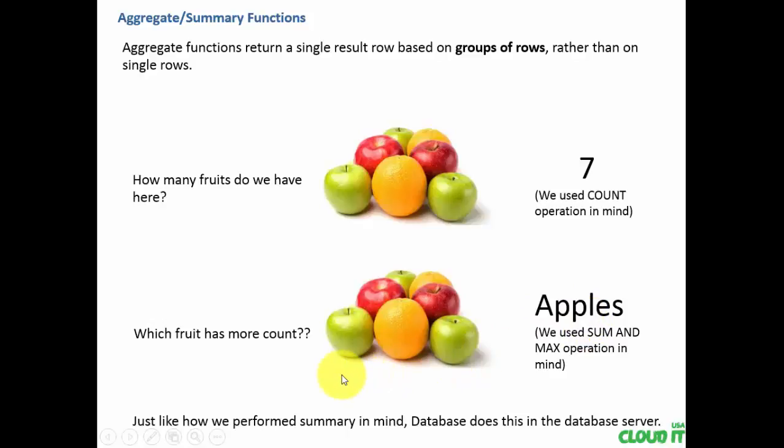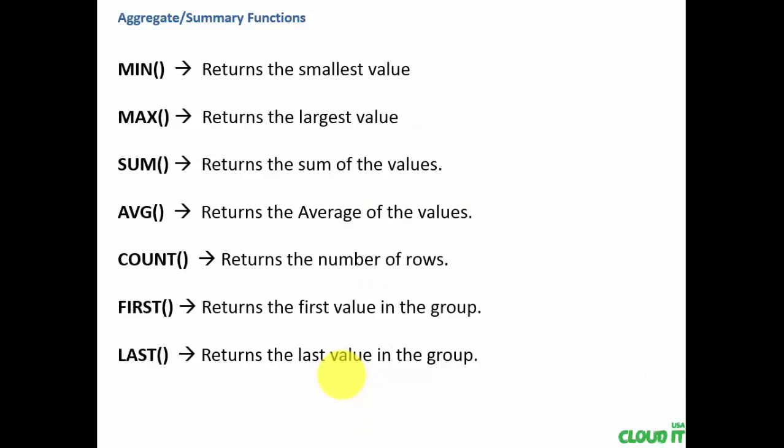In the same way, how we are doing the summary in mind, even a database can do a summary of rows. Now let's see what kind of summary a database can do. Below are the various functions which a database can do on a set of rows. Minimum, which is min, can return the smallest value among the group.